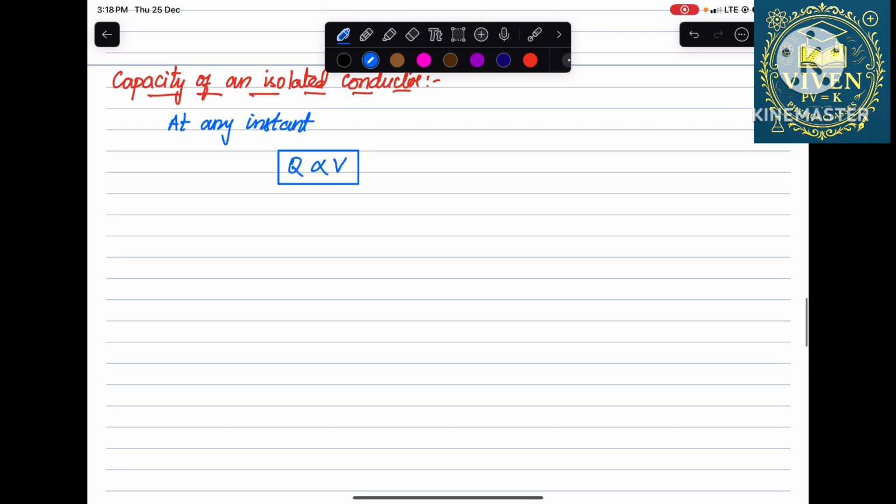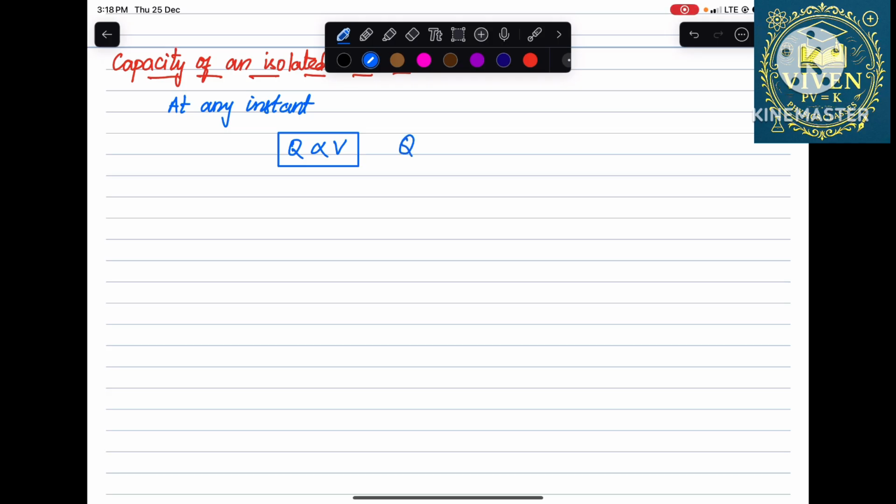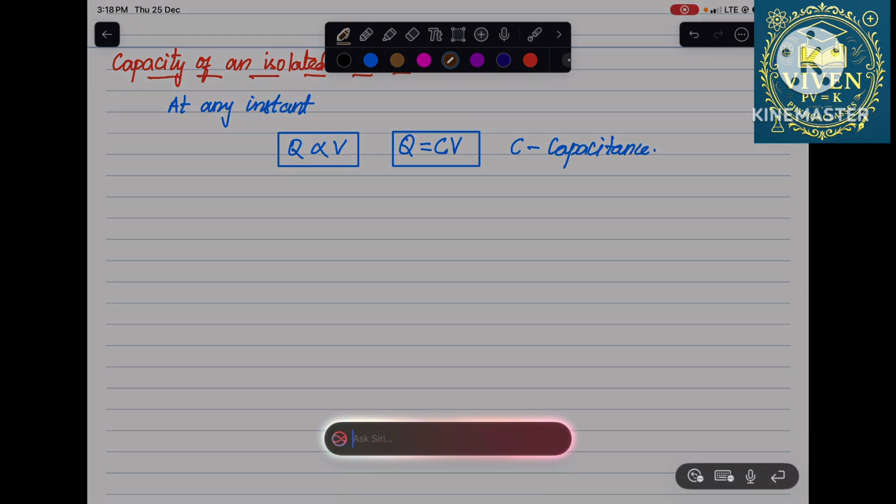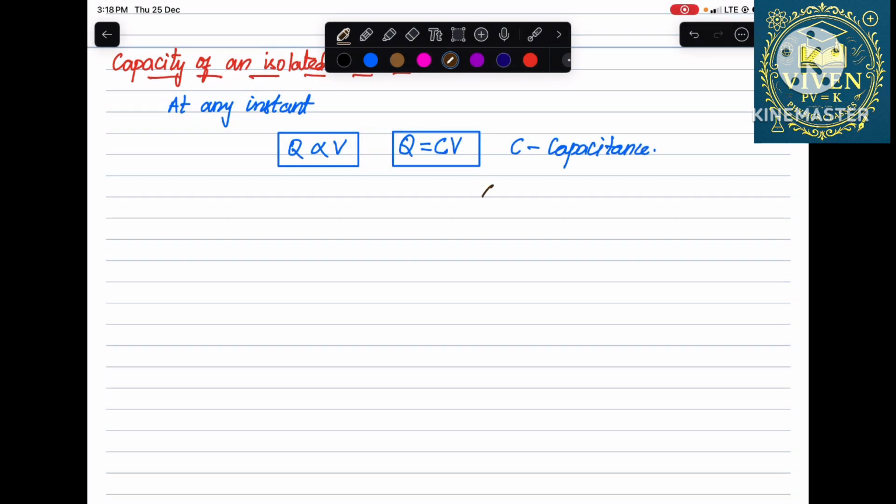Removing the proportionality, what do I get? Q is equal to C into V. That's it. We got the equation, where C is the proportionality constant, named capacitance.